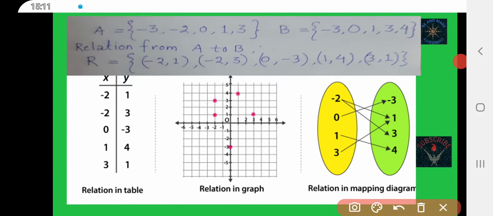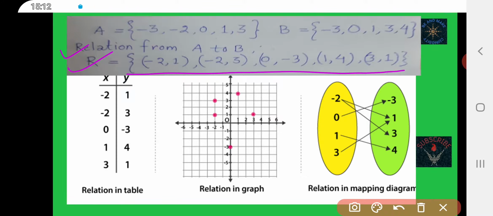See here, set A contains -3, -2, 0, 1 and 3, and set B contains -3, 0, 1, 3, 4. Now we write a relation from A to B. So this relation is given.